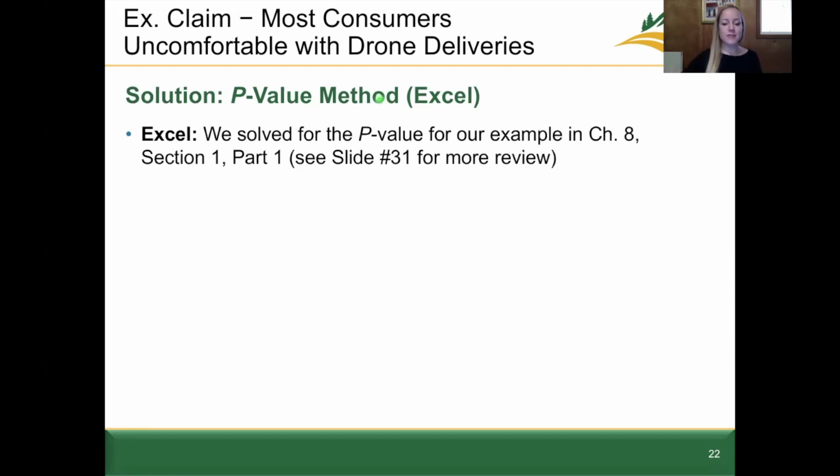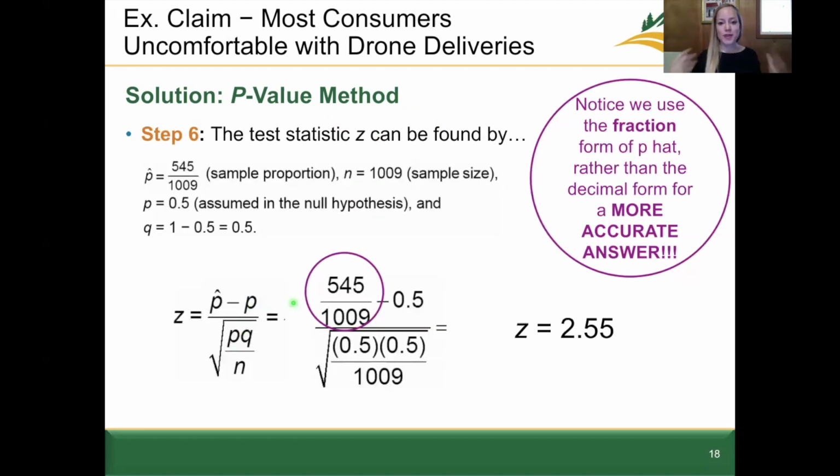Now we solved for the p-value using Excel in 8.1. This was on slide number 31, just for a connection and just for more of a review if you'd like. So here in 8.2, we're actually dealing with the same numbers, so let's go through this again. Now, what I'm not showing explicitly is that you can also calculate this test statistic, the z-value, in Excel.